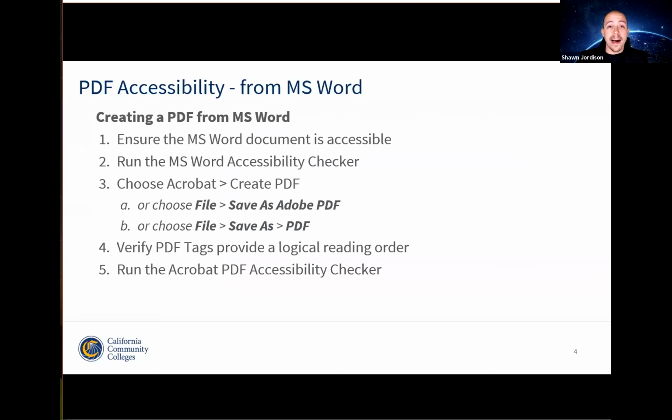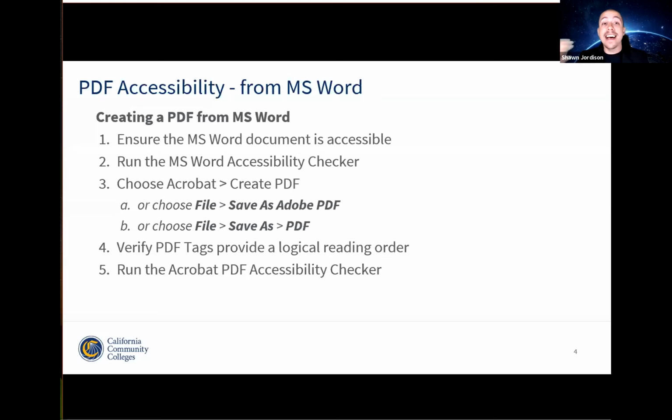So the first thing that I like to talk about is PDF accessibility from Microsoft Word. Similar to Grackle Docs, starting in Drive or Google Docs, starting in Word often gives us a better base for our accessibility. So anytime you can add as many accessibility elements to your Microsoft Word document, the better, faster, and easier your PDF will be accessible as well.